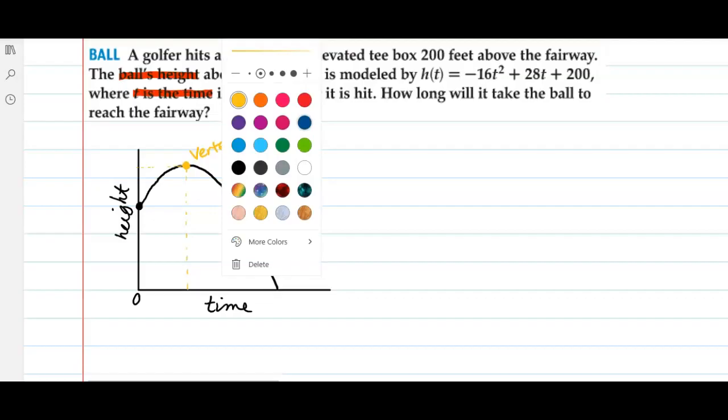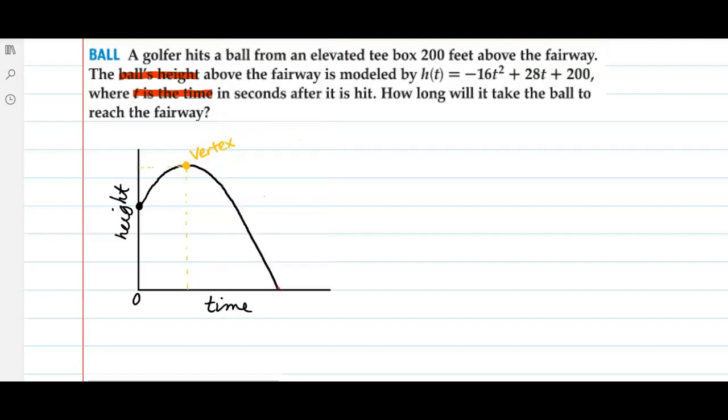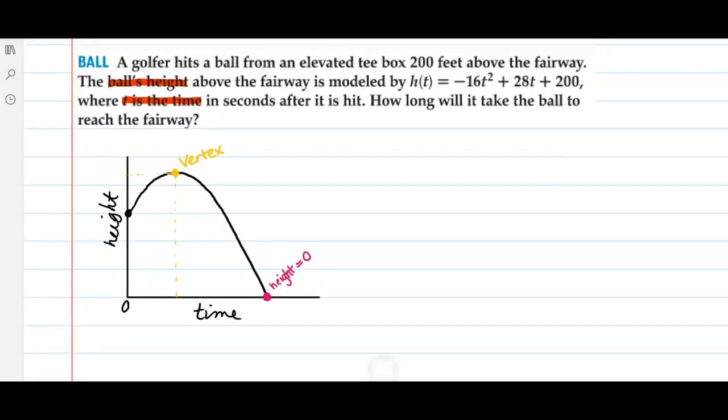This point right over here is going to be one of our x-intercepts. In fact, it's going to be our only x-intercept. This is when the height is 0. The ball is on the ground, and this happens when x is this value.